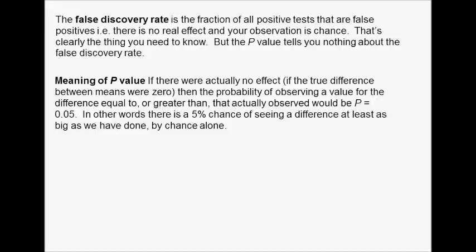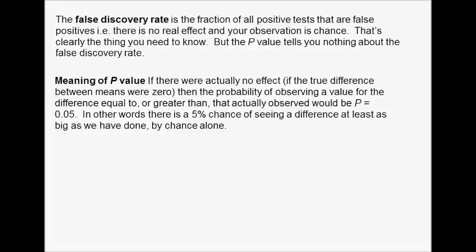A shortcut version of that, which is somewhat misleading, is to say that there's a 5% chance of seeing a difference at least as big as we have done by chance alone. By chance alone, we mean that there's a 5% chance of seeing a difference at least as big as we have done if there were no real effect.